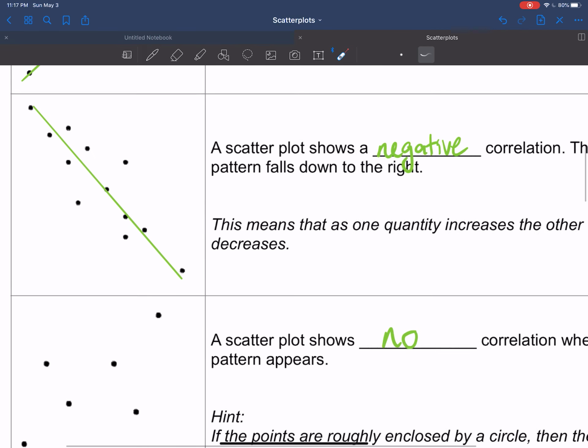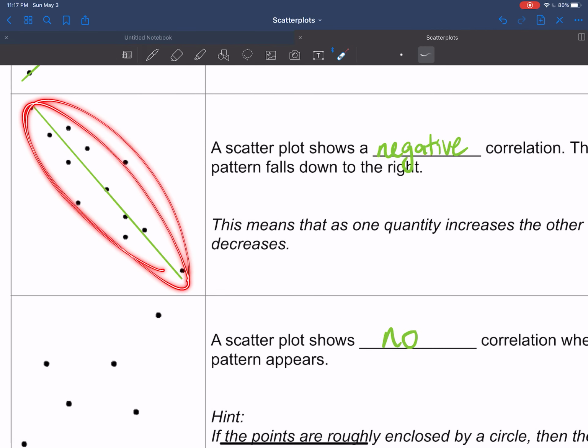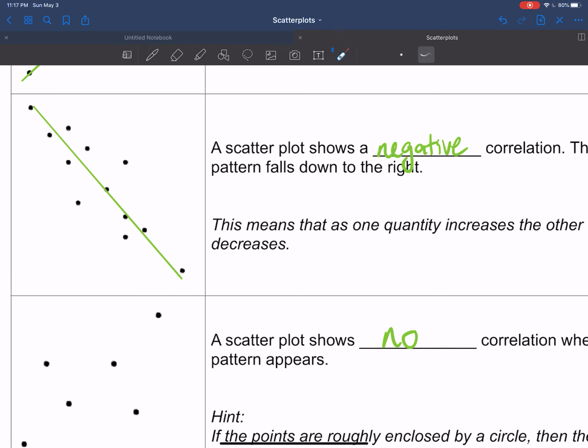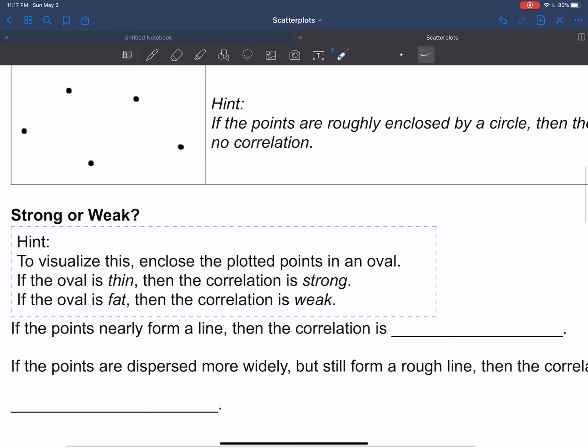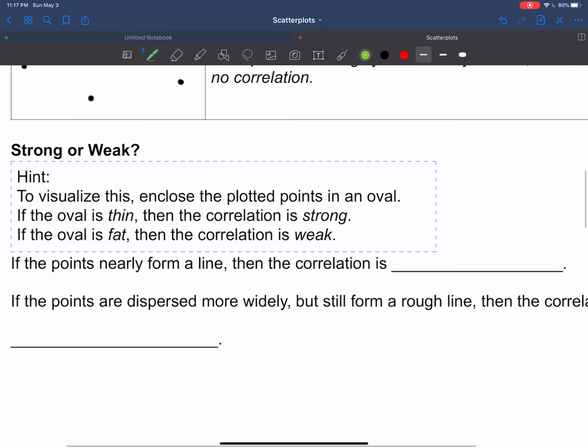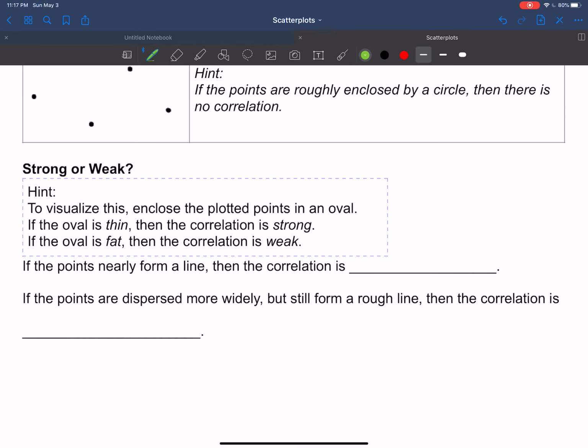Now this one is getting a little bit weaker because the points are a little more spread out, but it's still a pretty good correlation. It's just not as strong. So if the points nearly form a line, then the correlation is strong. If they're more widely dispersed, then it is weak, but it still shows a correlation.